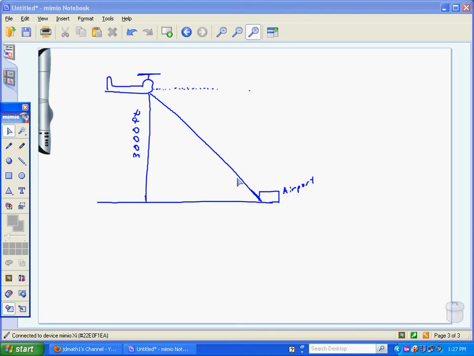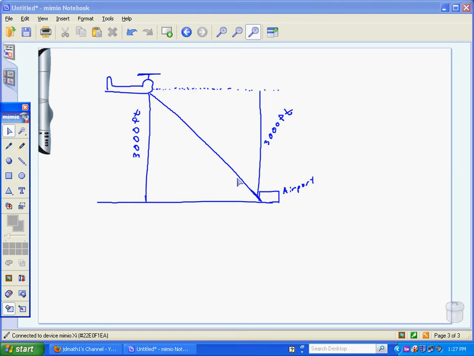I'm just going to make this a bit bigger. If I draw this vertical down here, this is still 3,000 feet as well. No matter where I draw it, it's going to be the same.